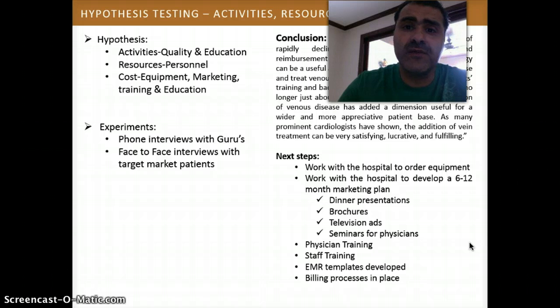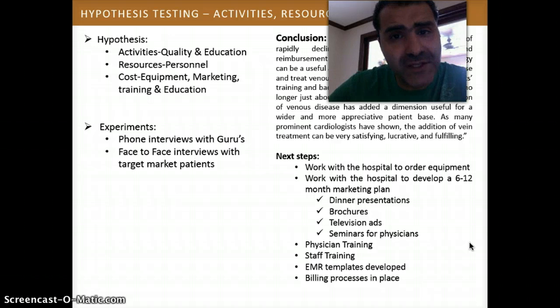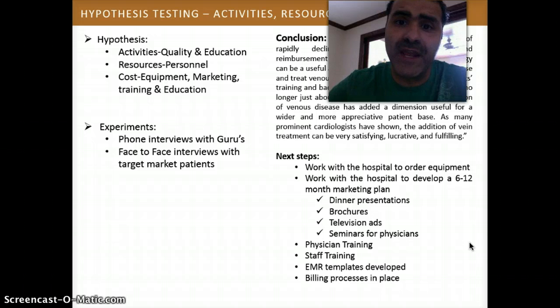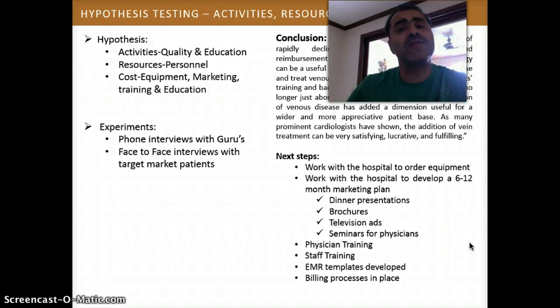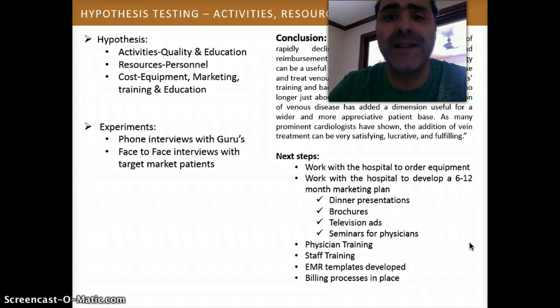Through the phone interviews with the gurus and the surveys with the patients, our conclusion remains that the education of the patients is a key element for customer satisfaction and for the success of the clinic, for the key activity of the clinic to become a logo for the clinic: that this clinic is not only about diagnosing and treating vein conditions, but it's also about education, and the patient satisfaction comes from this particular part, and that's an important quality measure.